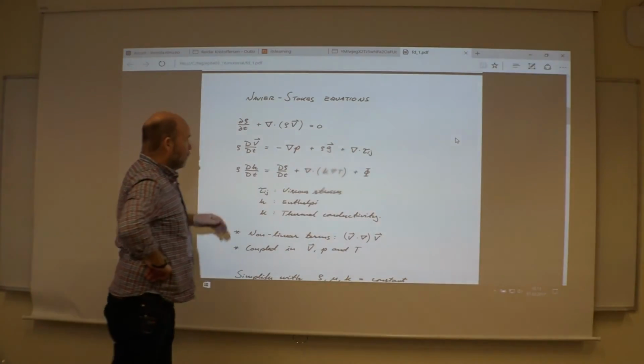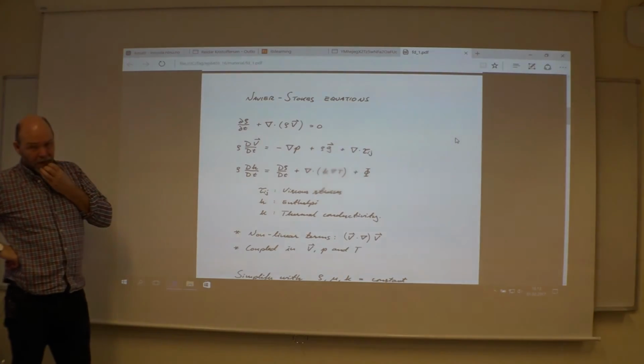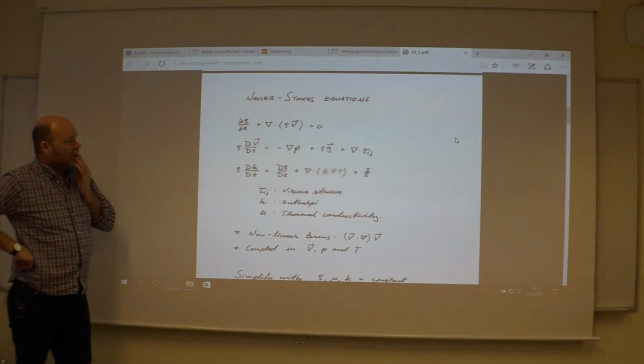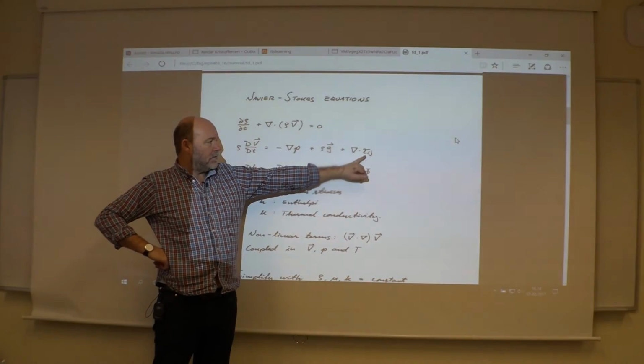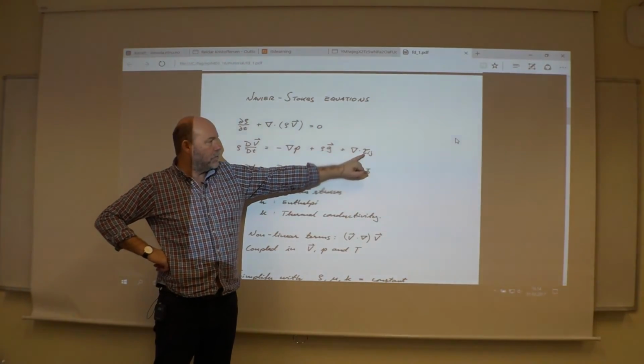Here, they're written in a quite general form, so it can be compressible as well. Density can change. I even have just the viscous stresses here. I haven't specified Newtonian fluid, could be non-Newtonian as well.